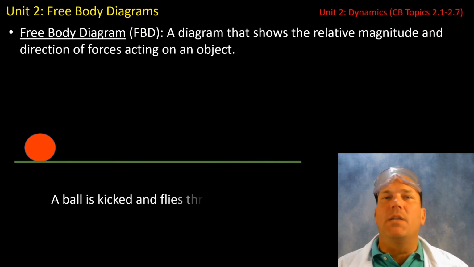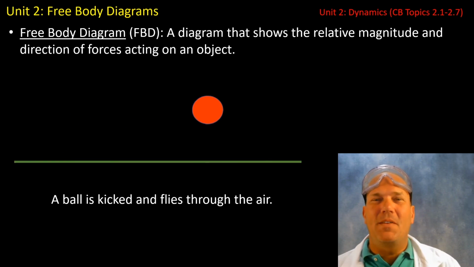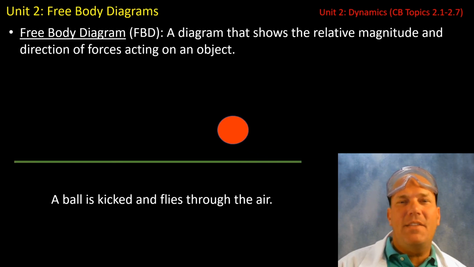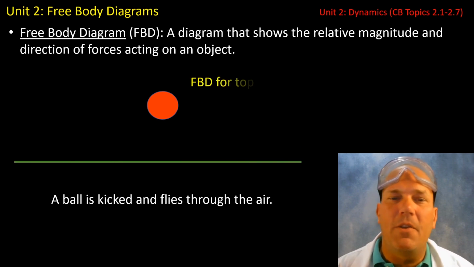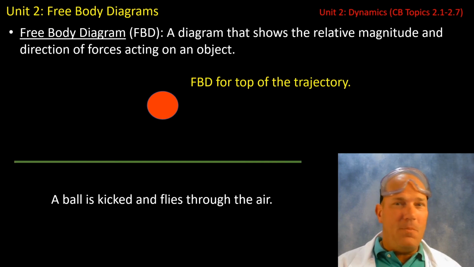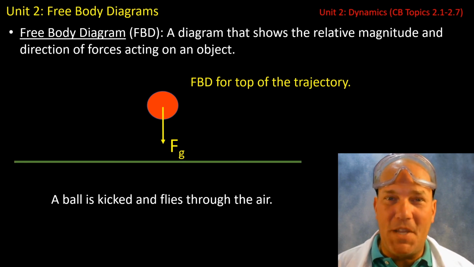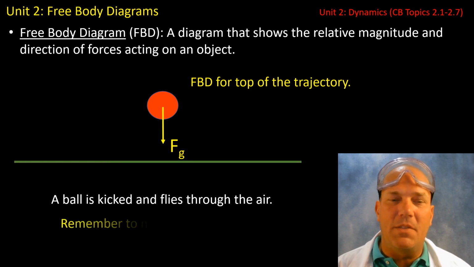How about this one, where a ball is kicked and it flies through the air? All right, so if we were to analyze this at the top of the ball's trajectory, let's go ahead and do a free body diagram. What you're going to find out is when you look at this, don't make any forces up. There's only one force for this object in projectile motion, and that would be the downward force of the earth on the object.